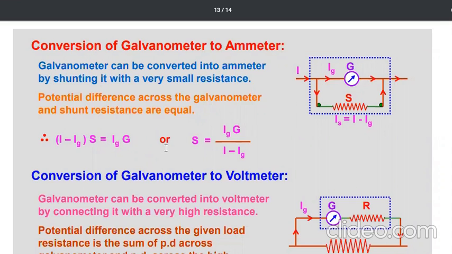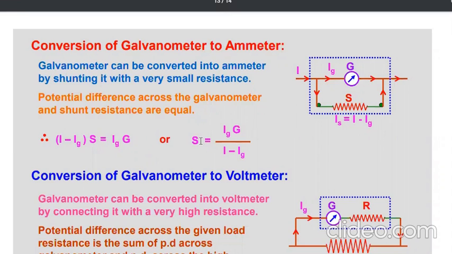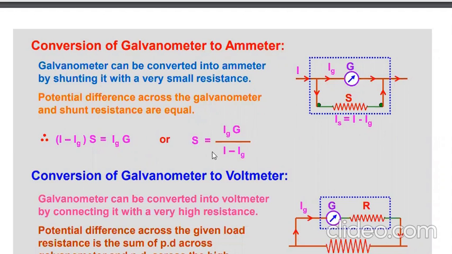After that we can calculate the shunt resistance. You see here the shunt resistance is expressed as Ig into G divided by I minus Ig, where I is the net current supplied in the circuit, and Ig is the current going through the galvanometer.